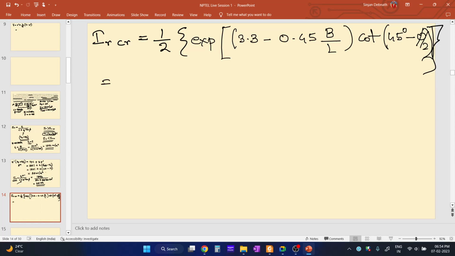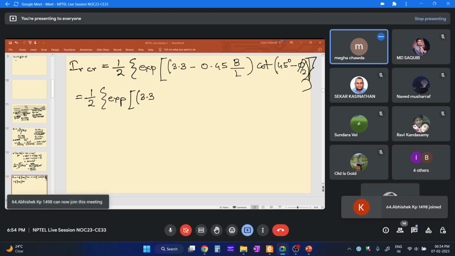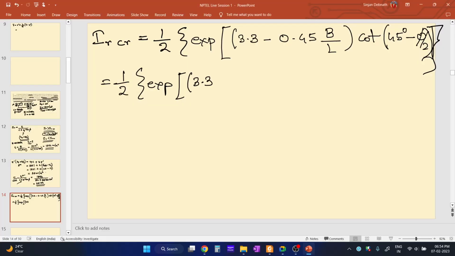Now if we put all the values in this equation, that is 3.3 minus 0.45, what is the value of B?